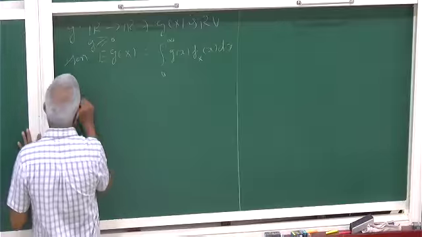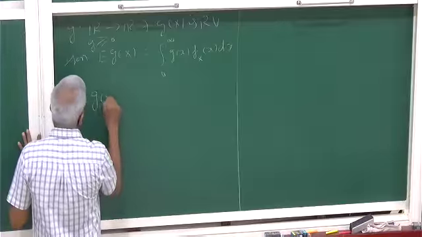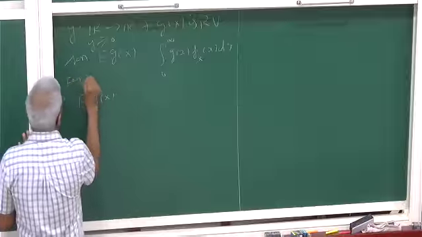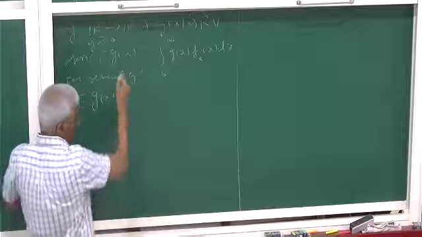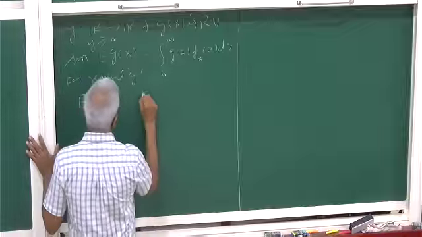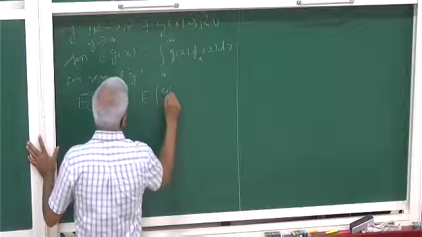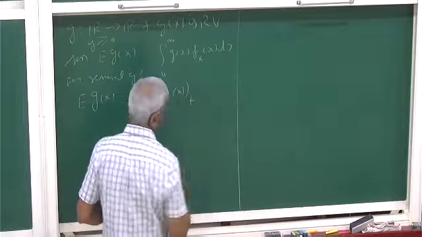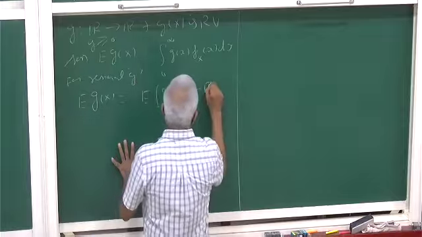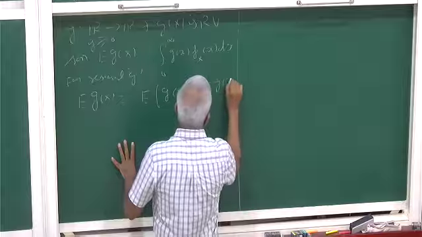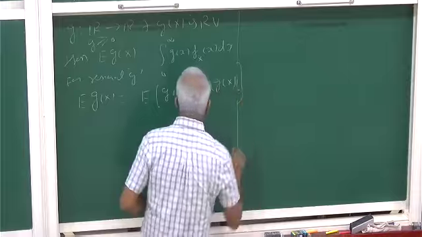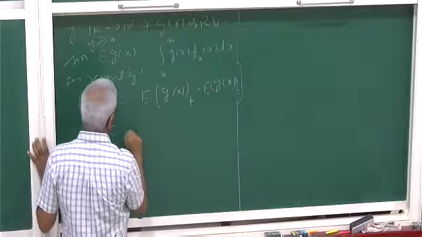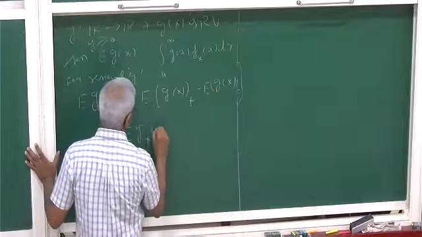So for a general g, E of g of x, g need not be positive. For positive we have proved. This is equal to E of g of x plus, then E of g of x minus. But g of x plus is nothing but g plus of x.